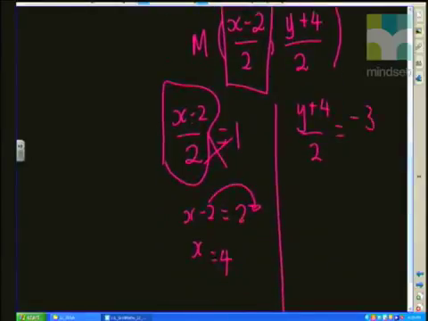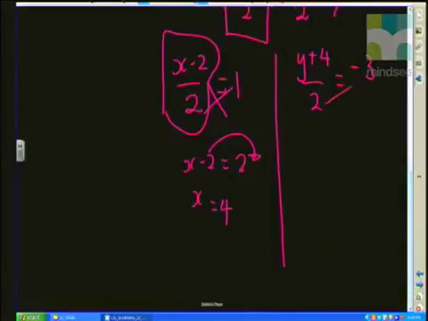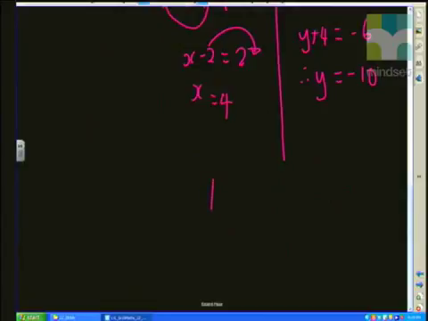We cross-multiply and get y plus 4 equals minus 6. Therefore y is minus 4 minus 6, which is minus 10. So the coordinates of D are x is 4 and y is minus 10.